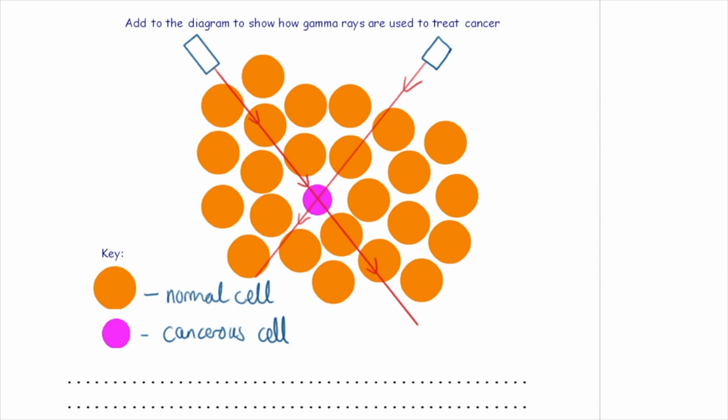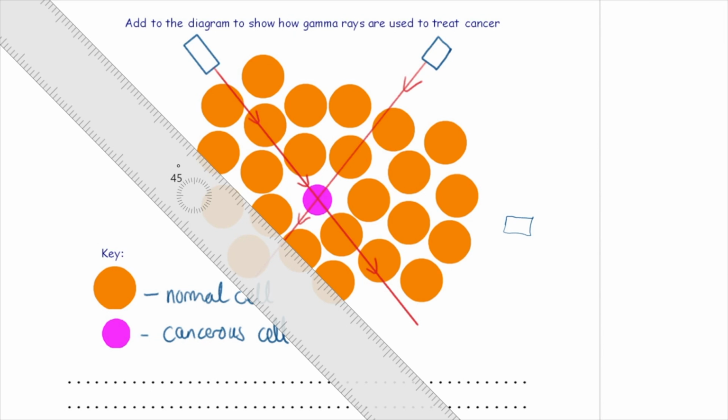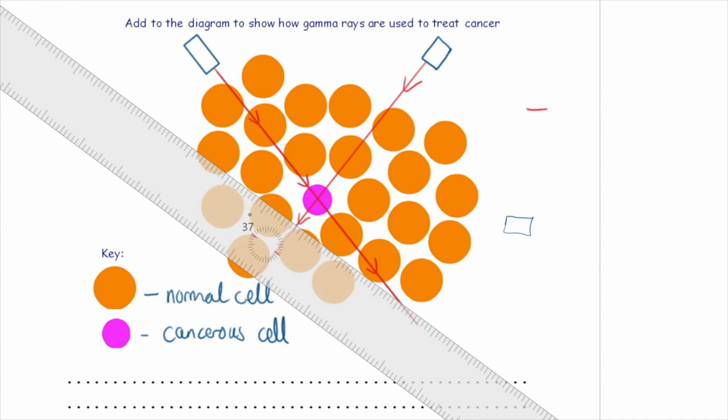And what you're looking at here, I'll add one more in, is how cancer can be treated using what's called radiotherapy. And those orange circles represent normal cells, and the purple cell there is a cancerous cell. And in radiotherapy, what you're trying to achieve is to kill the cancerous cells.